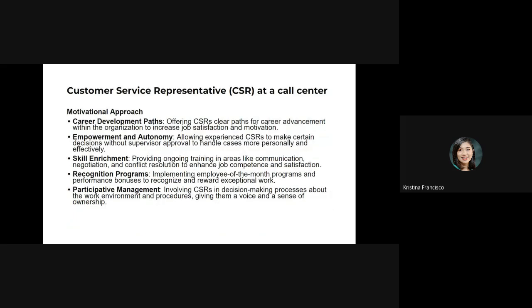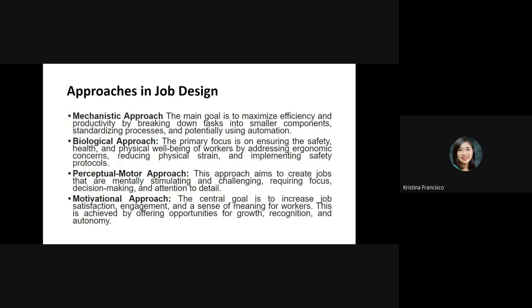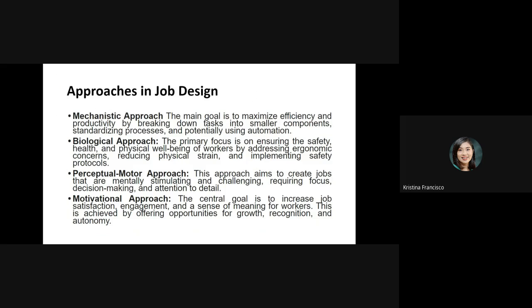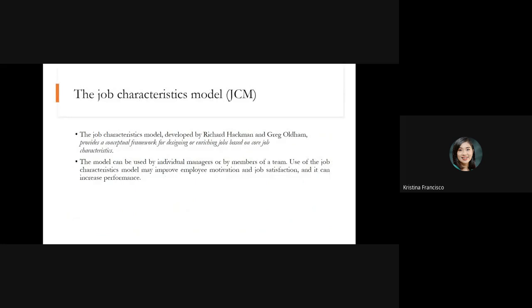Yan, another example along motivational approaches in call center for customer service representative. Yan. Approaches in job design. Again, we have mechanistic, we have biological, we have perceptual, and we have motivational. Next, we proceed with the model.